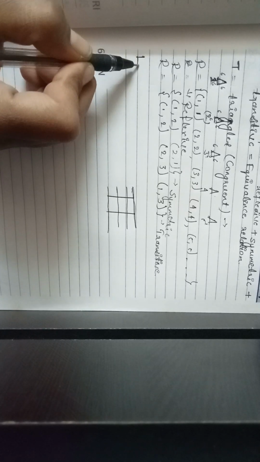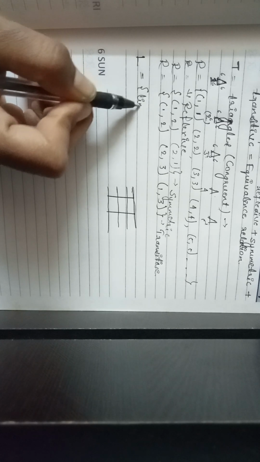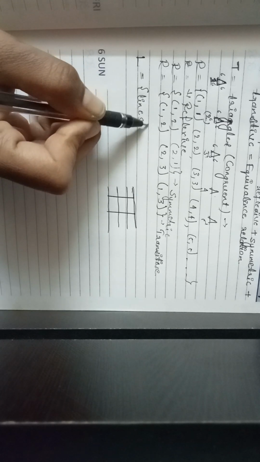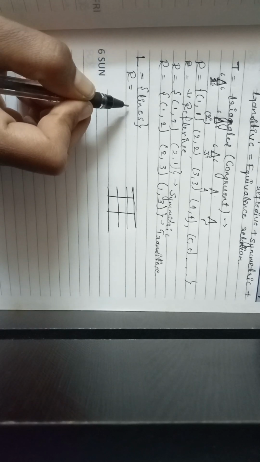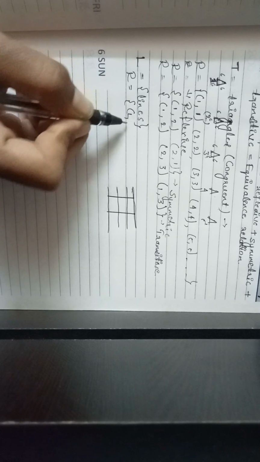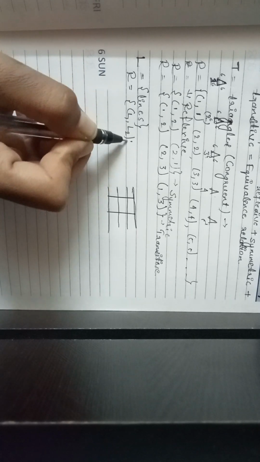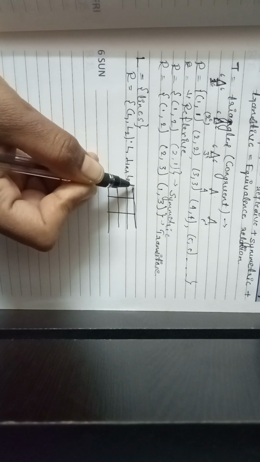So let L be the set of all the lines. In this set L, I'll have all the lines. And now I'll define relation R as L1 comma L2, where L1 should be perpendicular to L2.